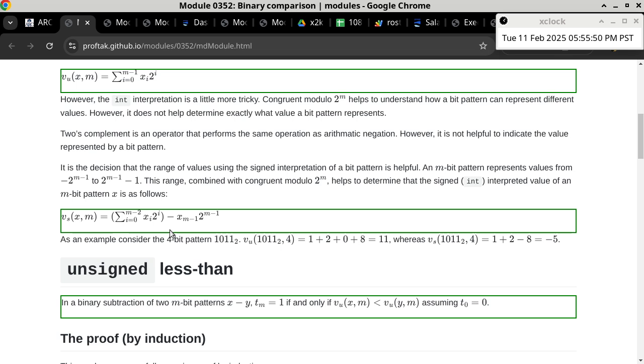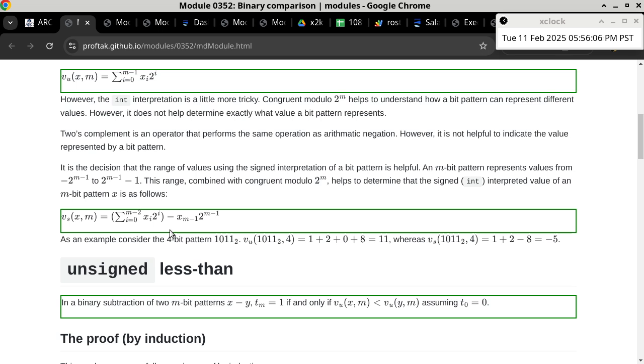That's an observation. It is not a proof. So there's a way to prove that as well. You can prove it by induction. Proof by induction is one of the most useful proof techniques in computer science.